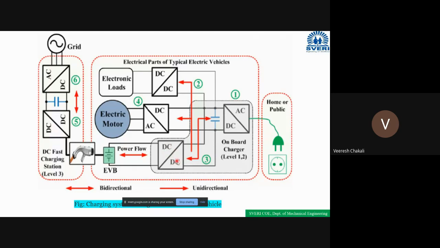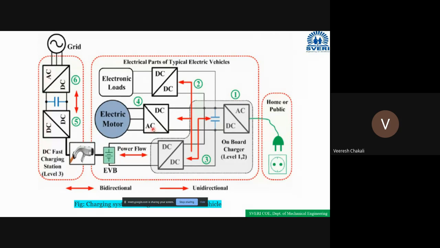One terminal is connected to this point, another terminal to this point. Here we get the DC, and this DC is converted to AC using the inverter circuit.